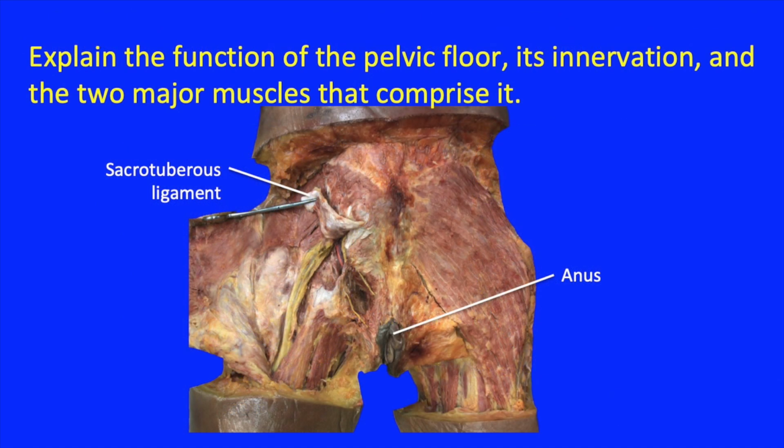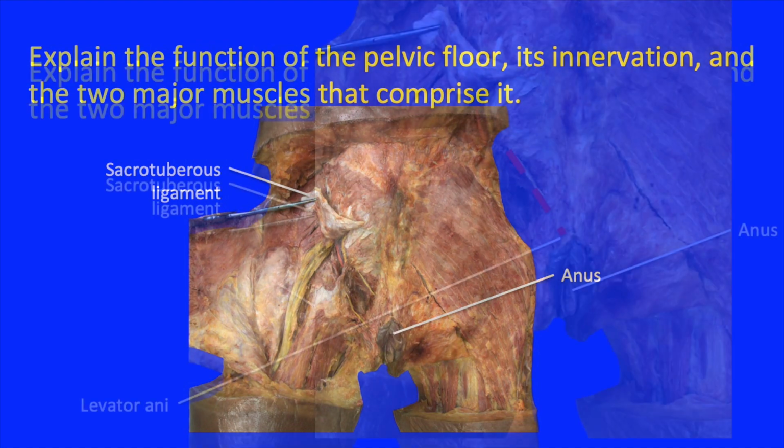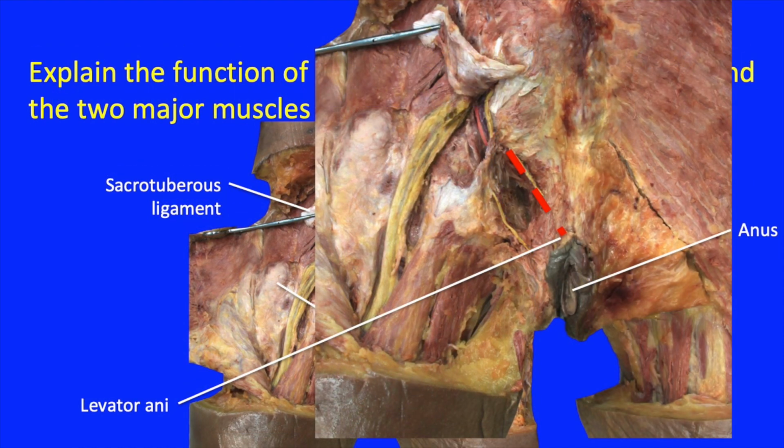After removing the fatty content, we now observe the space of the ischial-anal fossa, in part because we also reflected the sacral tuberous ligament. And it is at this point that we first observe the pelvic floor. There are two walls to the ischial-anal fossa. The medial wall is the levator ani and represents a principal muscle of the pelvic floor.